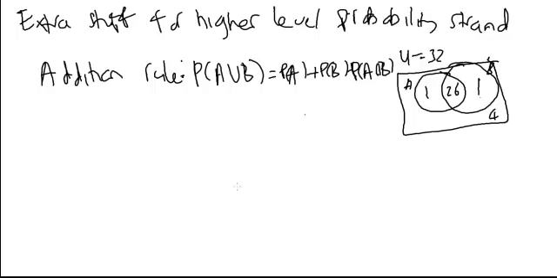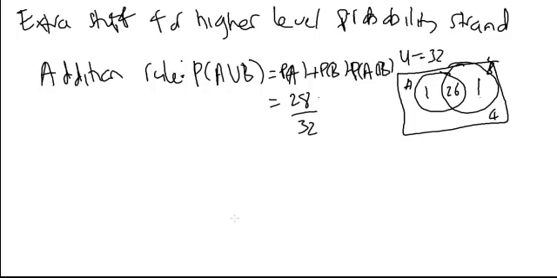If I was just to ask you directly what's the probability that someone belongs to either of these, you'd take the number who belong to A union B. You'd get 28 people, because it's 26, 27, 28, out of 32.